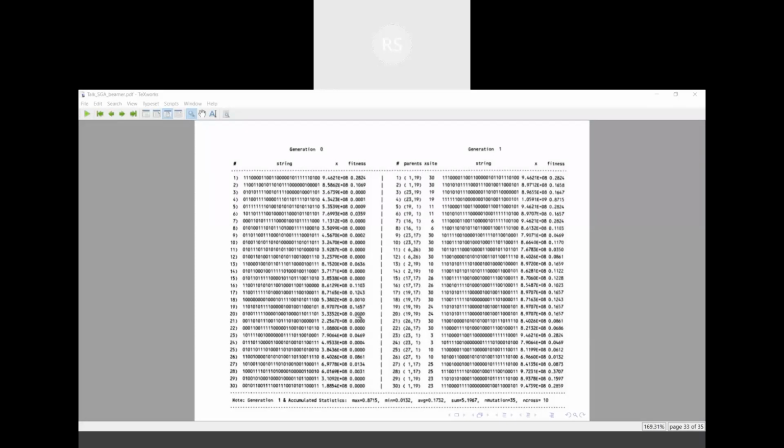Maybe this candidate may win, so this is taken as parent 1. Now you require another parent. You again rotate this wheel, and let us say that you get this candidate as parent 2.